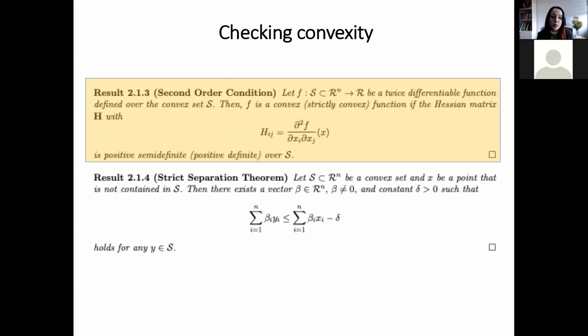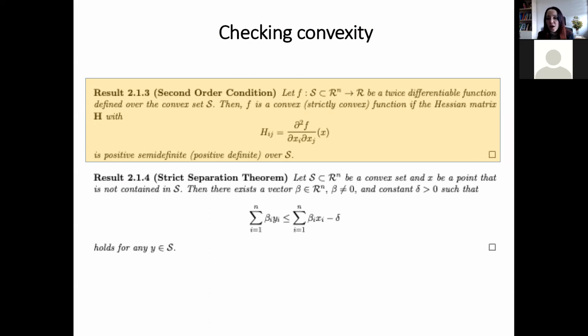Positive semi-definite corresponds to being non-negative in the scalar case. In the matrix case, of course, we work with positive semi-definite. If it is positive definite, then we're talking about strict convexity.